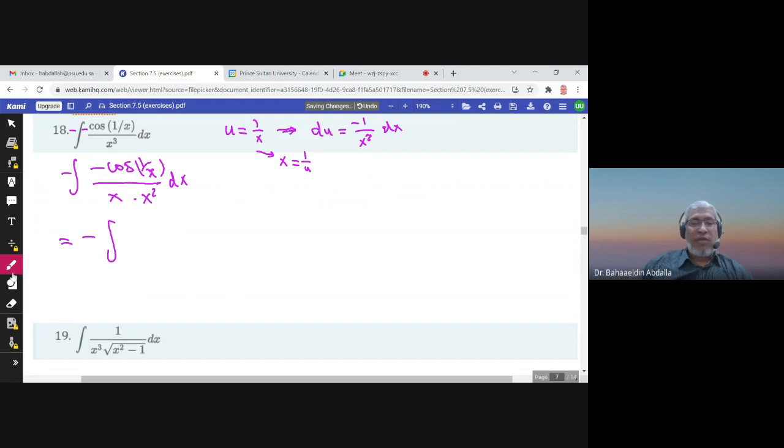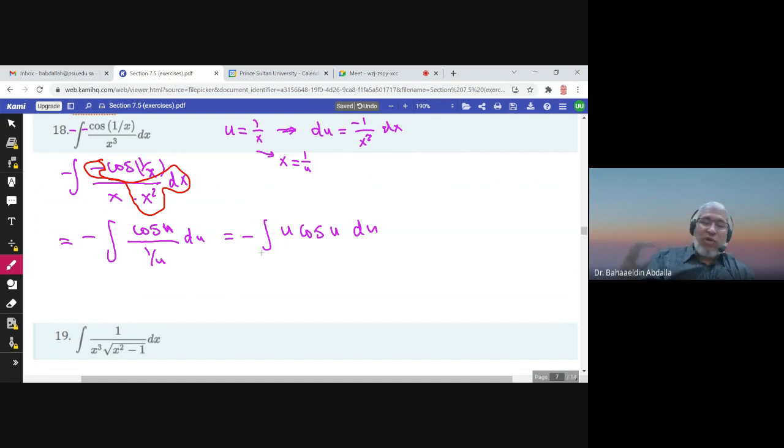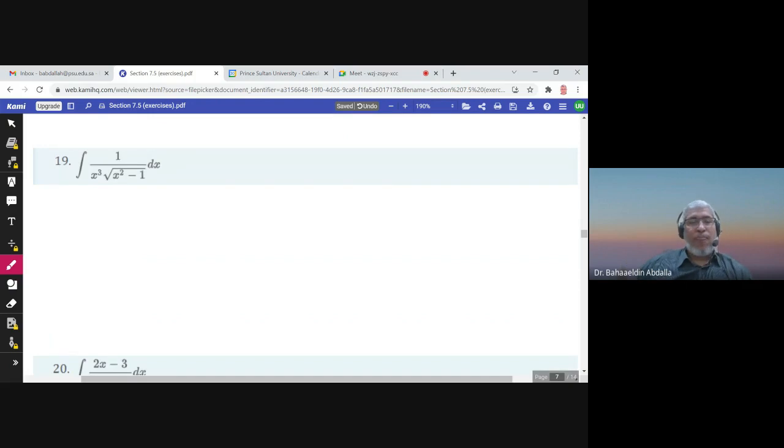Now the negative sign with x squared with the dx, all of this is du, isn't it? So I will have cosine u over all of this is du, and I have x. X is 1 over u, but 1 over u, I can write it u cosine u du, okay? And I continue using integration by parts.